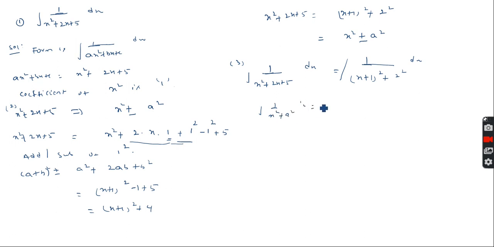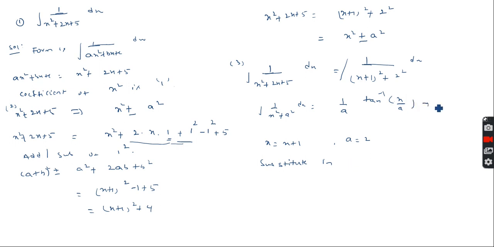We know from the 9 standard formulas that its value is 1 by a tan inverse of x by a. Comparing these two, x is x plus 1 and a is equal to 2. We substitute in the formula.